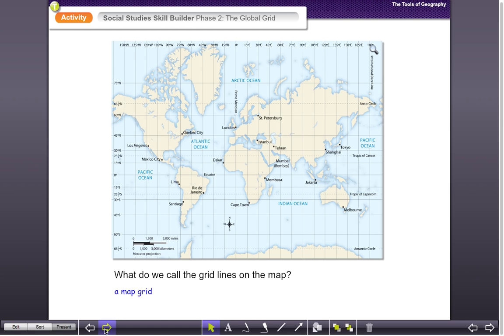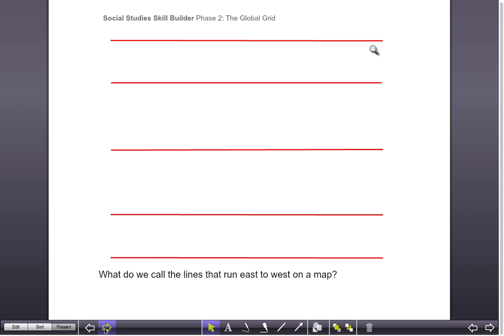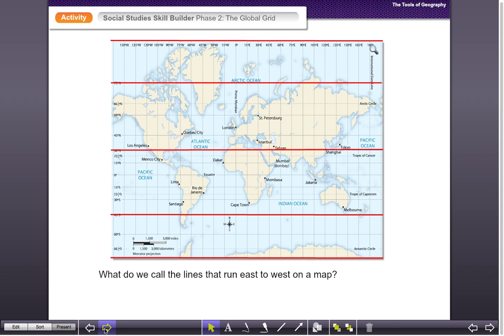So what do we call the grid lines on the map? We call it a map grid, and we practiced this before, and you notice that now it's being measured in degrees, but the idea is more or less the same. So what do we call the lines that run east to west on a map?